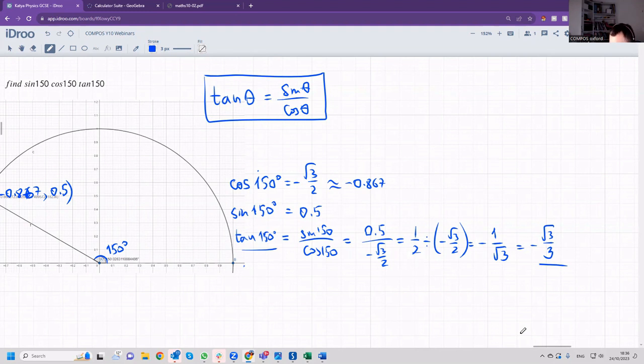Let's check. Tangent 150. True. Works. Any questions?